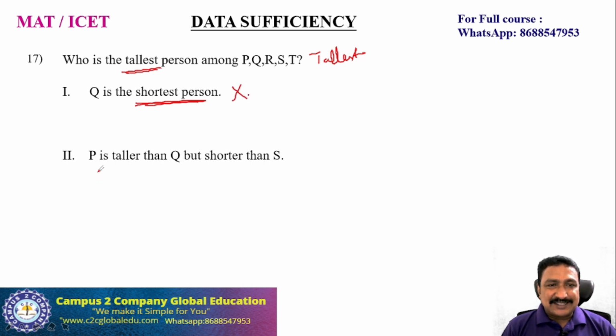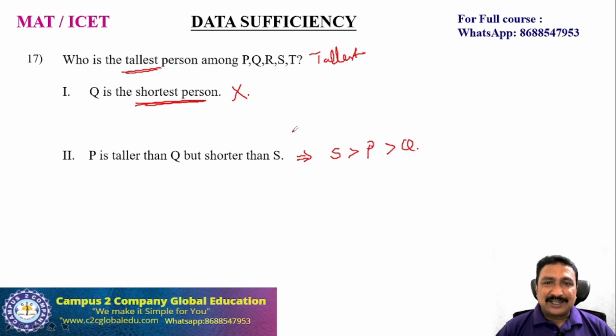Now look at the second statement: P is taller than Q but shorter than S. According to the second statement you can say S is taller than P and P is taller than Q. But according to the second statement also we cannot say exactly. Why?